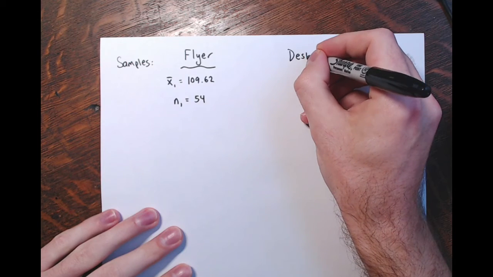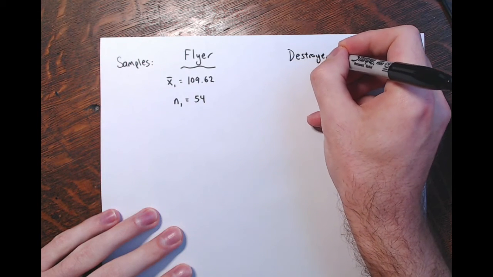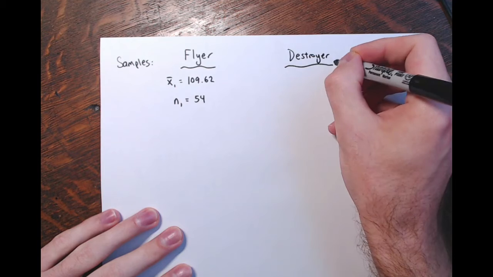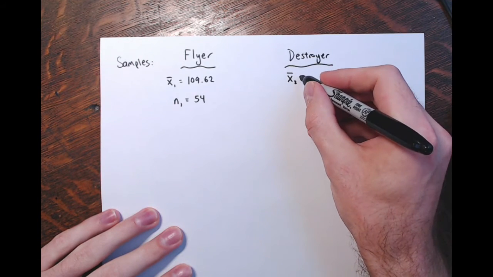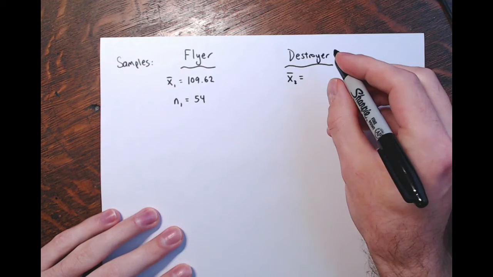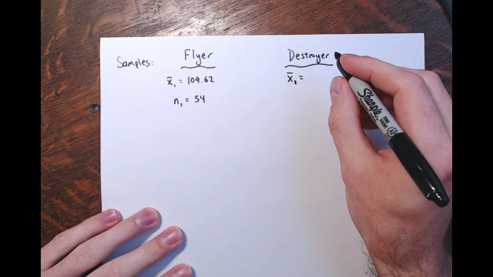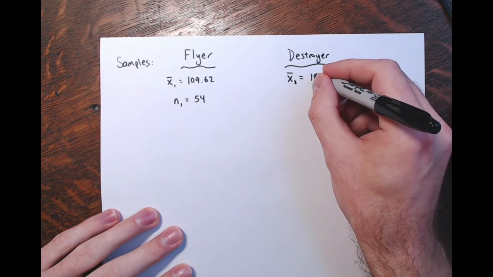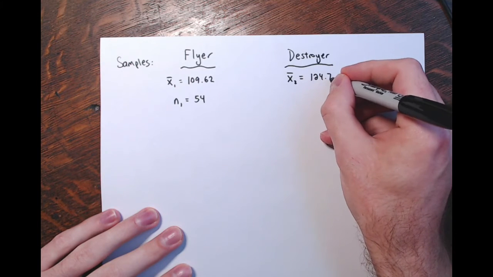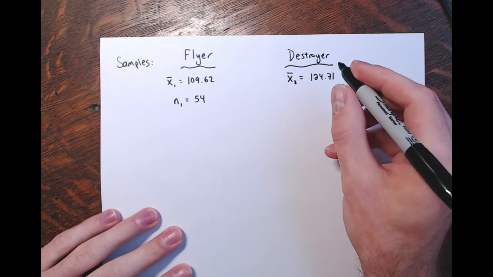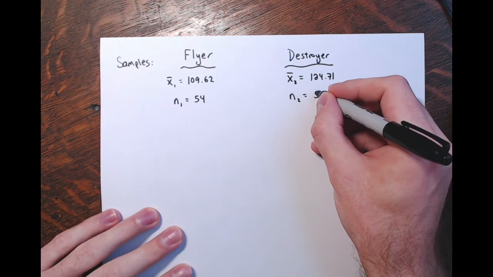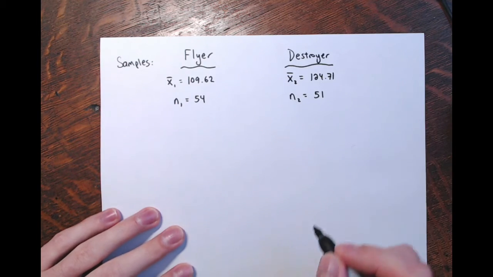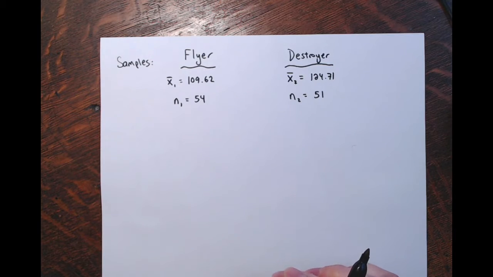And then for the Destroyer, the other roller coaster, for the randomly selected hours, the average number of riders per hour for this sample was 124.71. The second sample size here is 51 hours that were randomly selected.